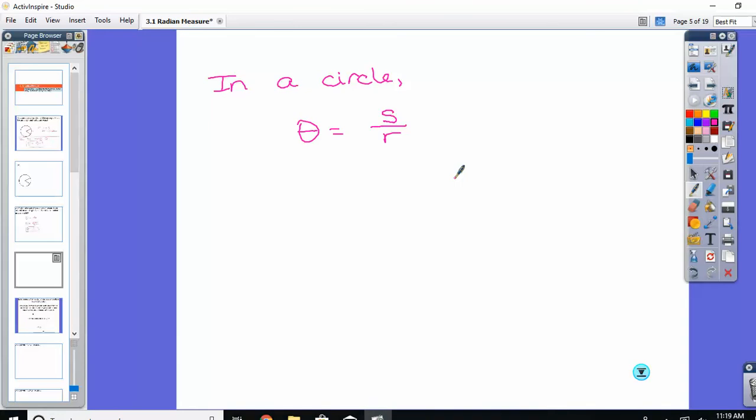What's that called? Total distance around the circle? Circumference. It's like perimeter, but in a circle we call it circumference. How do you find circumference? Pi d. Right, pi times the diameter.